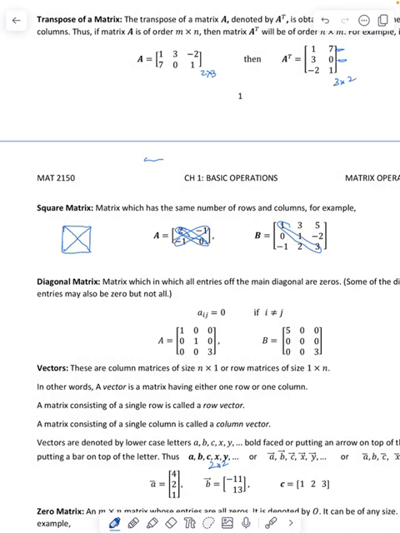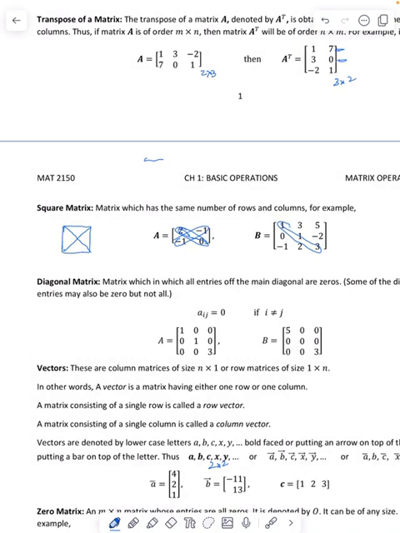On the main diagonal, at least one entry should be non-zero. It is not necessary that each and every entry must be non-zero. There could be some zero entries, but at least one entry on the main diagonal should be non-zero. Then we call it a diagonal matrix.